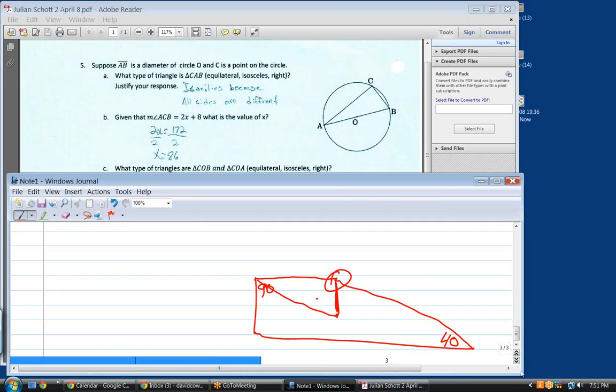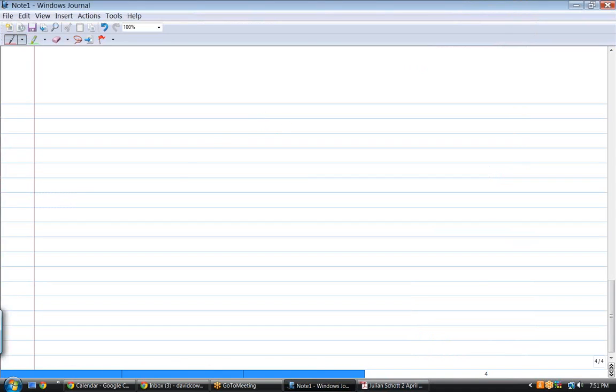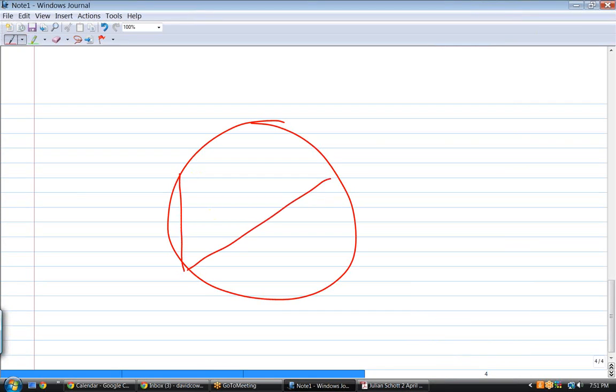It doesn't matter how you draw it. If I put my triangle like that, that's a right angle. If I put my triangle like that, that's a right angle. You can't put it in there without it being a right angle.